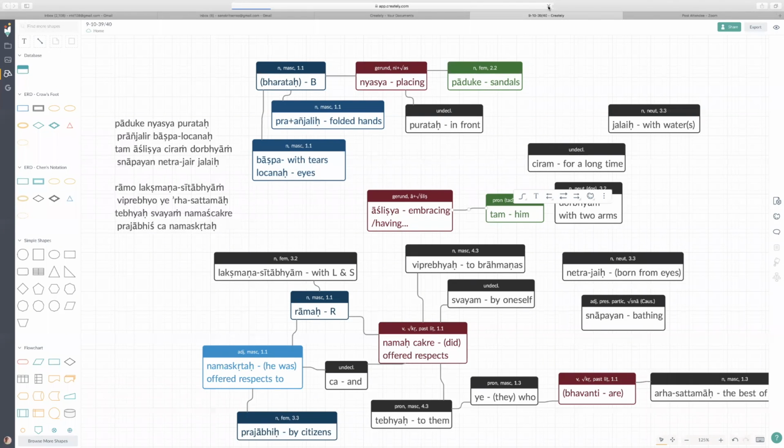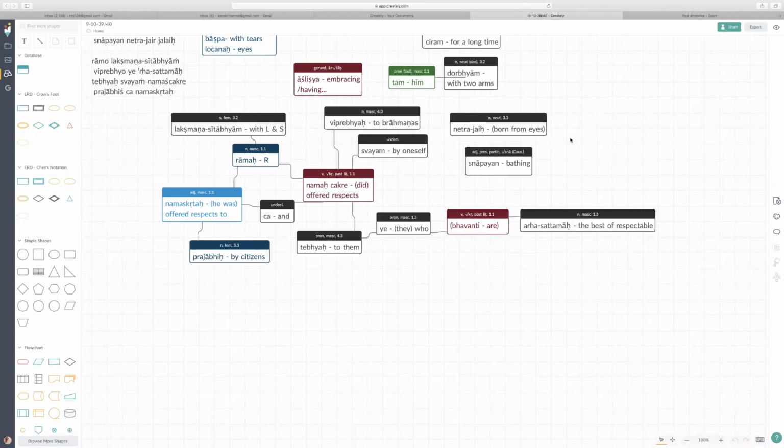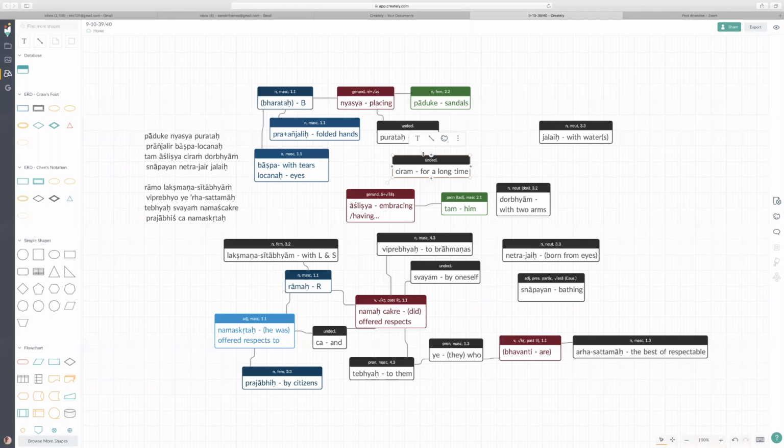Where is it connected to? Aslishya. Yes. Just a second. Okay. For a long time, embracing him. Dorbhyam. What about Dorbhyam?